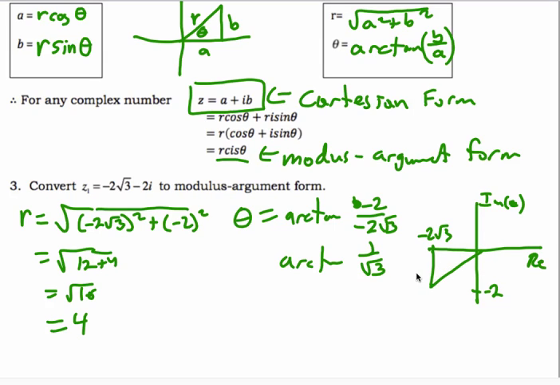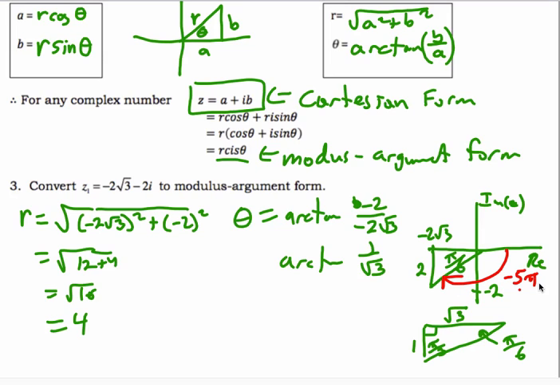Let me just redraw the triangle here. This is like 2, and this is 2 root 3. This is pretty much the same as 1 and root 3. So this is a 60-degree angle, which is pi thirds, and this angle here is pi over 6. So that means this angle is negative 5 pi over 6.